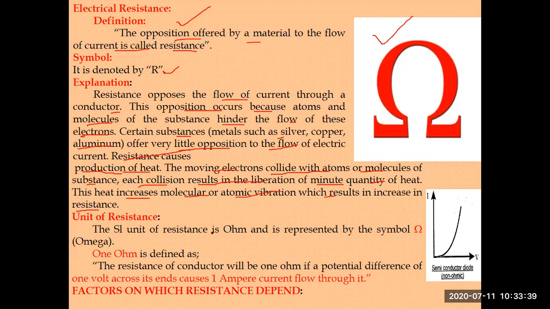The SI unit of resistance is the ohm, and it is represented by the sign omega. The resistance of a conductor will be 1 ohm if a potential difference of 1 volt across the ends of the conductor causes a current of 1 ampere to pass through it.